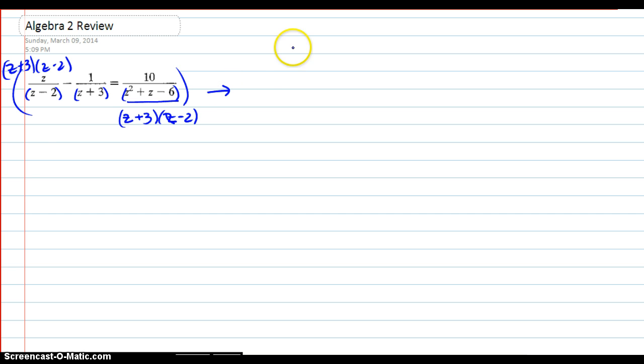So when I do that, I get z times z plus 3 times z minus 2. Again, keep your denominator the same, so it's still z minus 2.